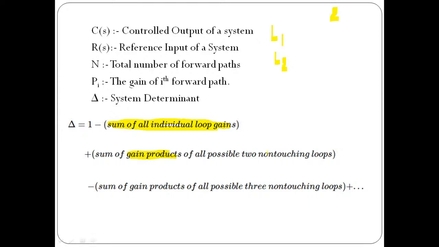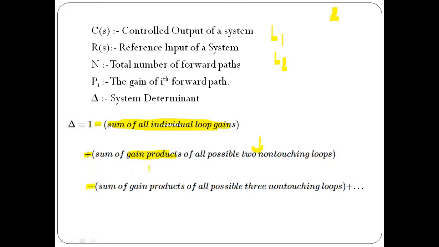If they are non-touching, then we need to take the product gain of those two non-touching loops, and that gain you need to place in this particular bracket. In the same way, we need to take minus. The thing is that here the sign is going to alternate. First it will start from negative, then positive, and then negative. So this sequence you have to remember: 1 minus, then plus, and then again minus.